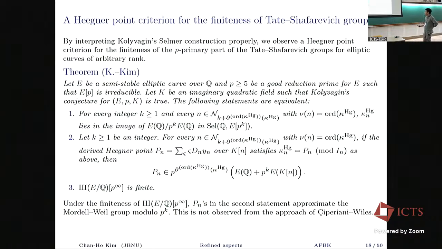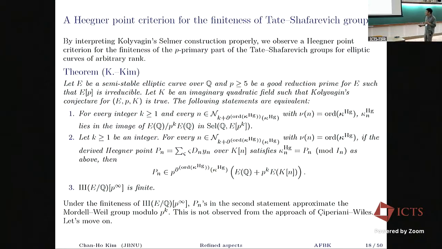So the second statement basically says that if we believe the finiteness of Sha, these points approximate the Mordell-Weil group modulo p^k. And I think this statement is not observed in the approach of Coates-Wiles. So this is the first part of my talk.